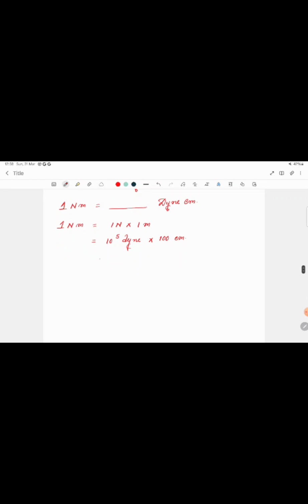So 10 to the power 5 into 10 square dyne centimeter, that is 1 Newton meter equals 10 to the power 7 dyne centimeter.